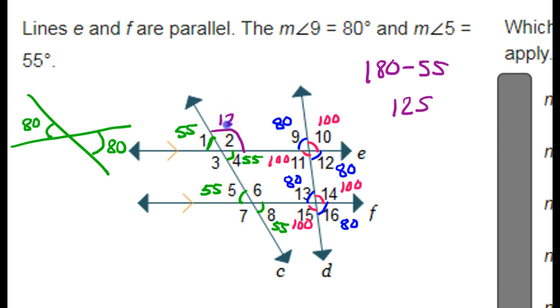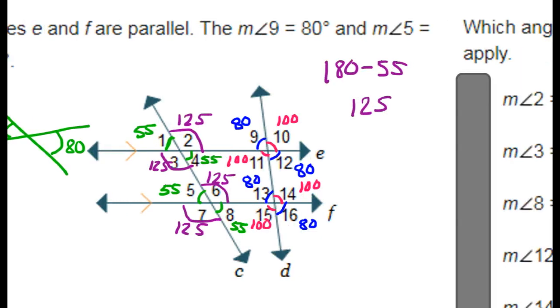So that means this is 125. Now these are vertical angles, so this is 125. These are corresponding angles. Okay, see how this is in the lower left and this is in the lower left? These are corresponding angles, so this will be 125. Okay, and then these are vertical angles, so this is 125.